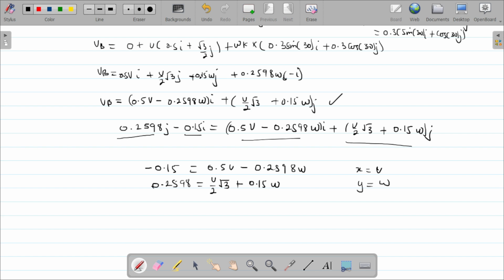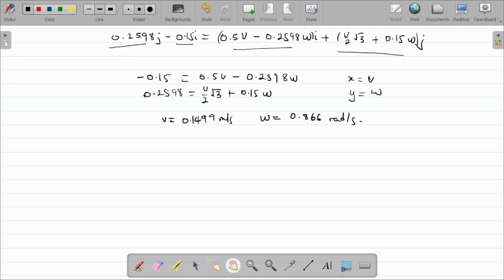All right, so we have v to be equal to 0.1499 meter per second and omega to be 0.866 rad per second.